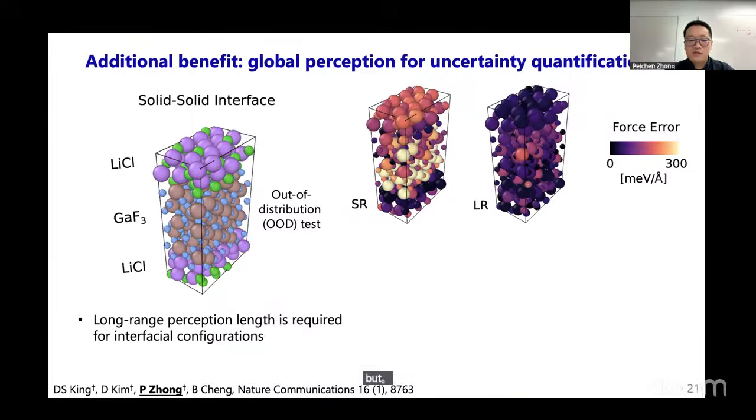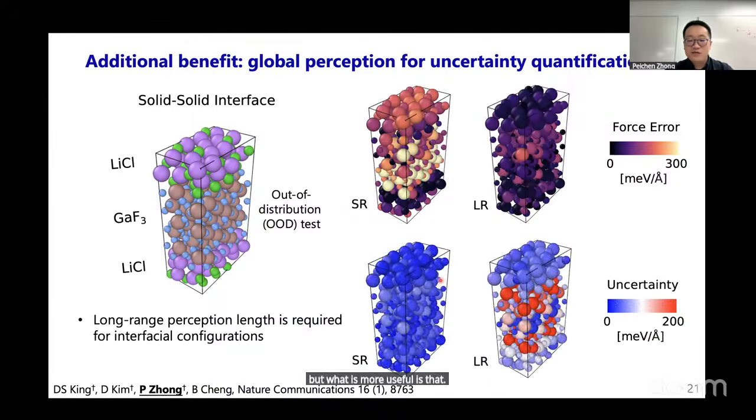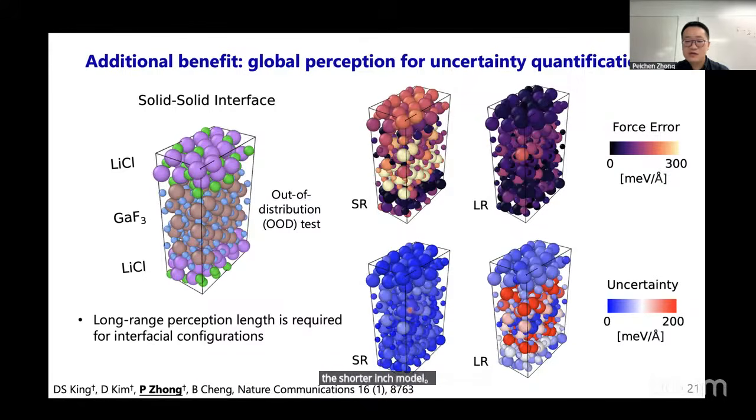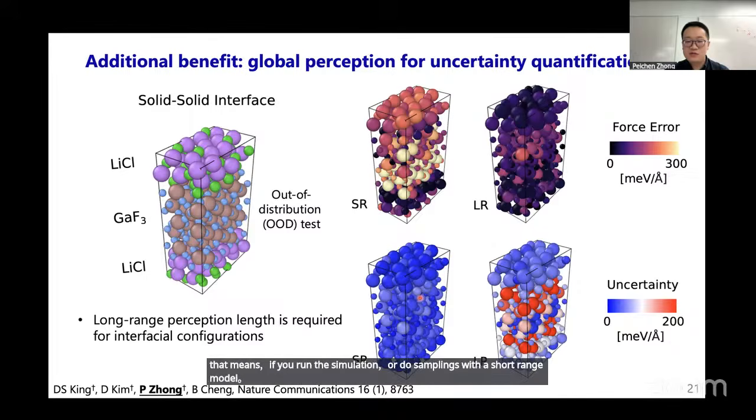But what is more useful is that if you train different models with a short range machine learning potential and a long range machine learning potential, and you calculate the standard deviation as a quantification of the uncertainty, the short range model basically tells you the uncertainty is really low. That means if you run the simulation or do sampling with the short range model, your simulation can go wrong without any notification.